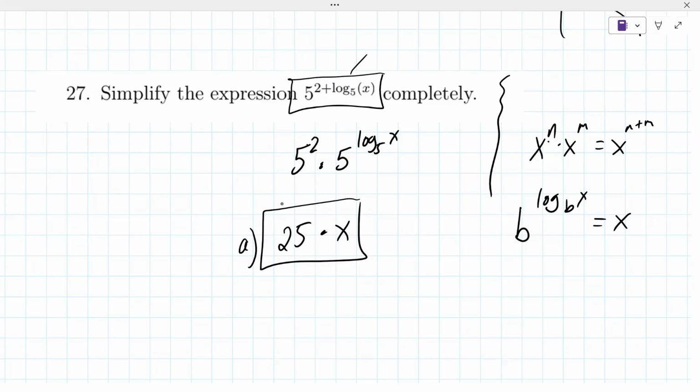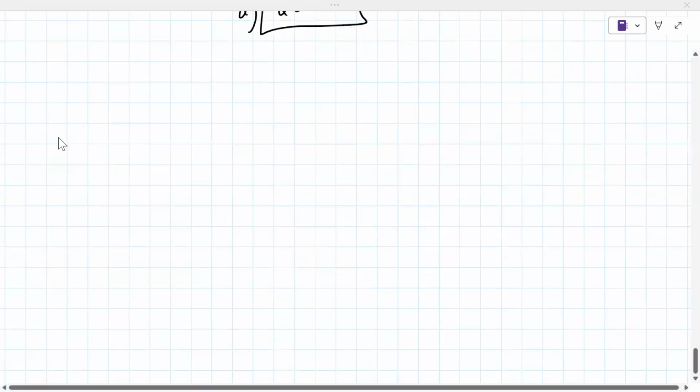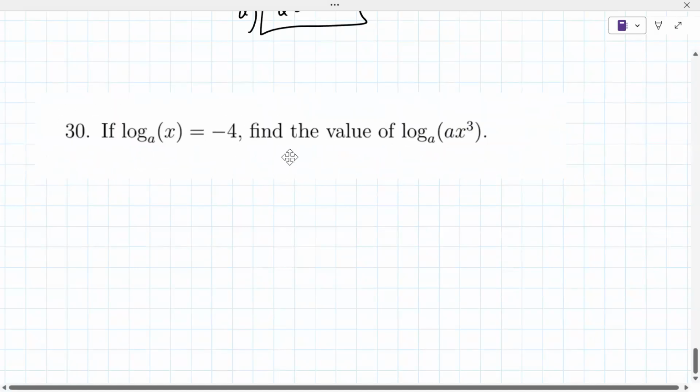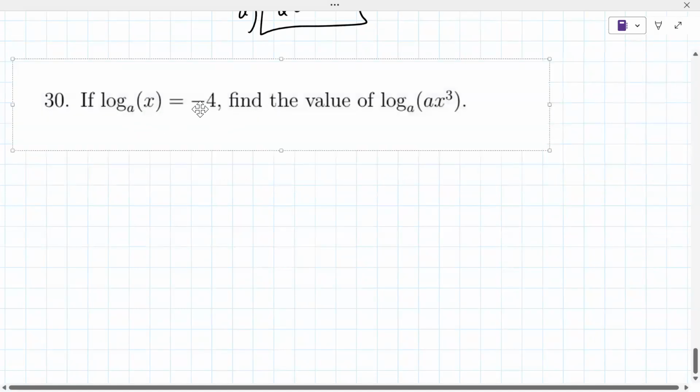Oh, and then can we do number 30 just real quick? Sure. There it is, 30. Log base a of x equals -4.